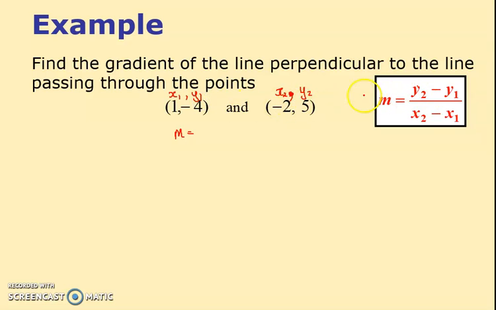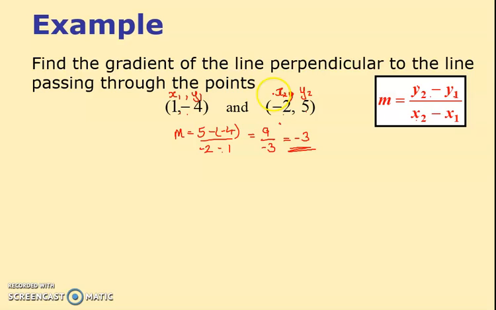I do one y number minus the other. So I'm going to do the 5, take away the other one, which is -4. It'd be easy to think it's just 5 minus 4, but it's 5 minus a -4. Then I do the x's, the same way around, -2 minus that 1. So I get 9 divided by -2 minus 1, which is -3. So I get -3 when I do that division.